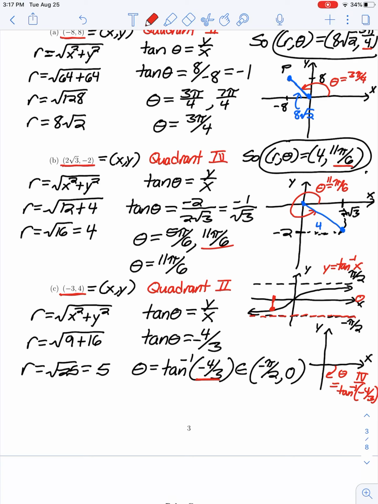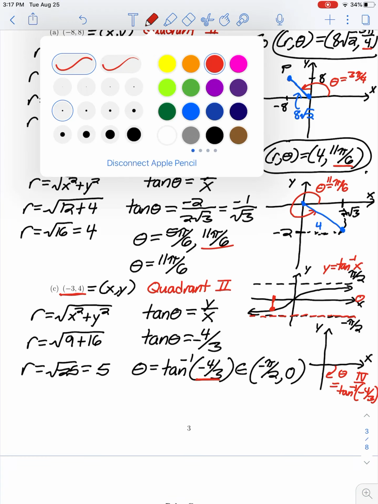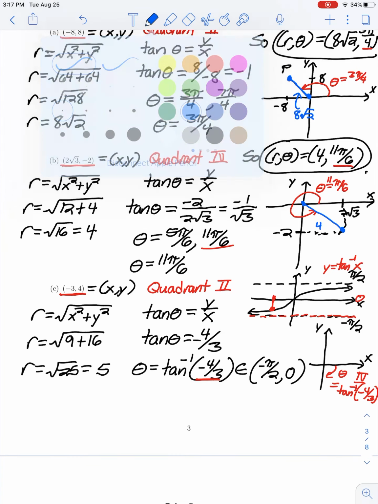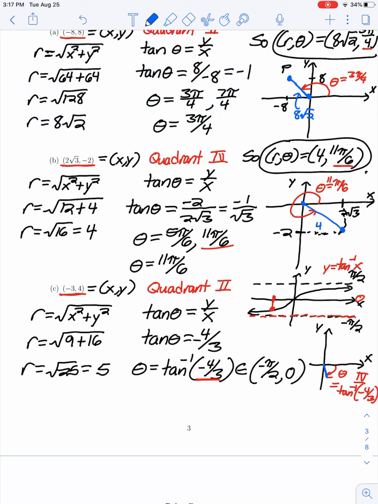Now to get to quadrant 2 from here, I would have to take this angle measure that I was given, and I would have to add pi to that angle measure. So I want to get a rotation from that angle by 180 degrees, which would be pi plus arctangent of negative 4/3.